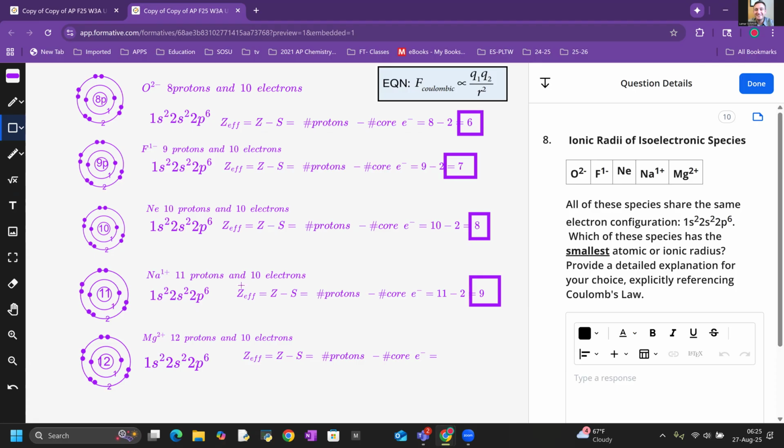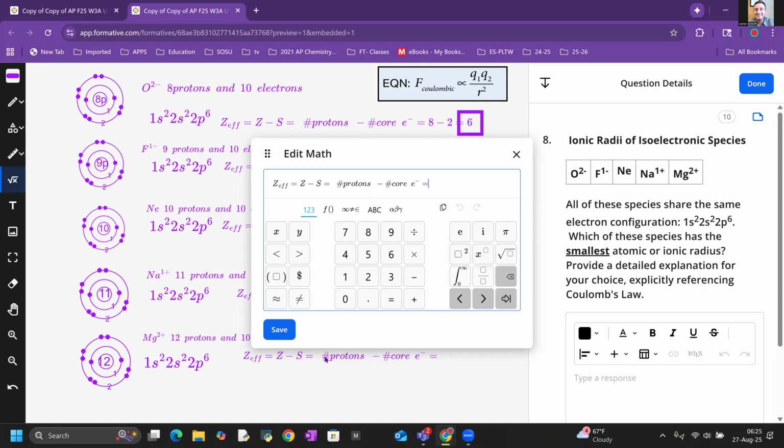And then we go to the last one, magnesium ion. And again, the magnesium ion lost the whole energy level. The electrons are held approximately the same distance. And we say, okay, well, this one has 12 protons minus 2 electrons, and its effective nuclear charge is 10.